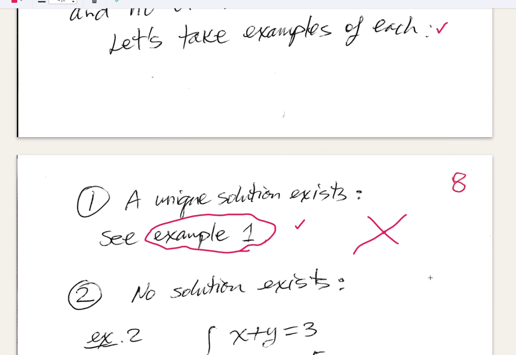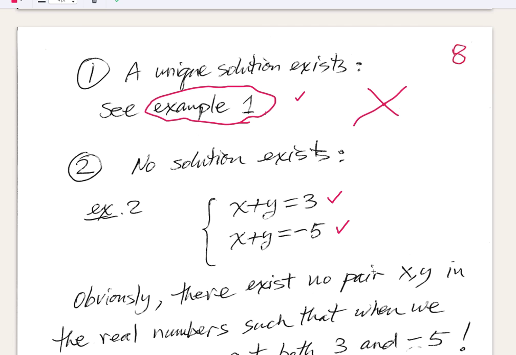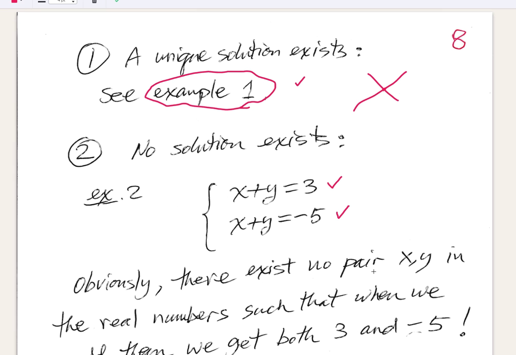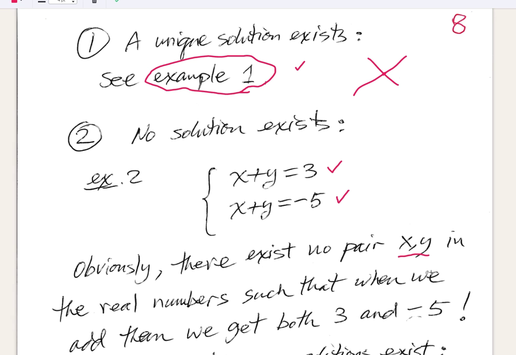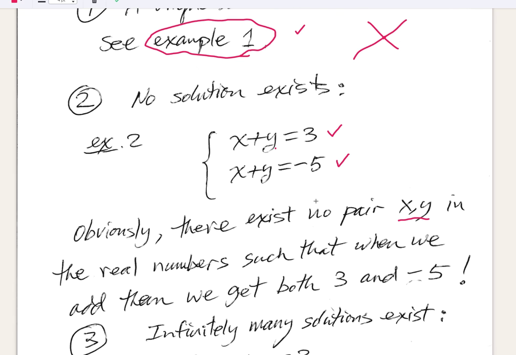No solution exists. This is really easy. I'll call that example 2. Suppose I have my following system looking like this: x plus y is 3 and x plus y is -5. Obviously there exists no pair of real values x and y such that when we add them, x plus y, we get both 3 and -5.